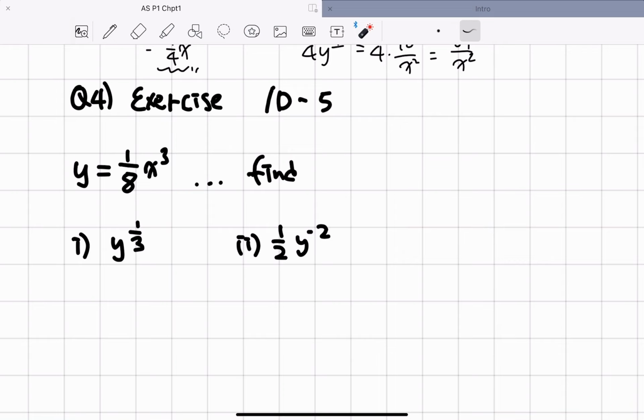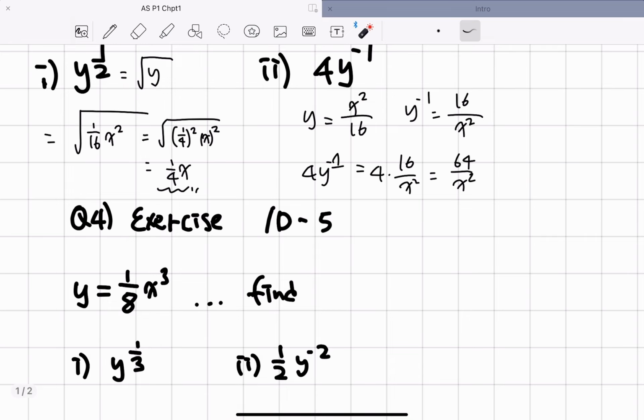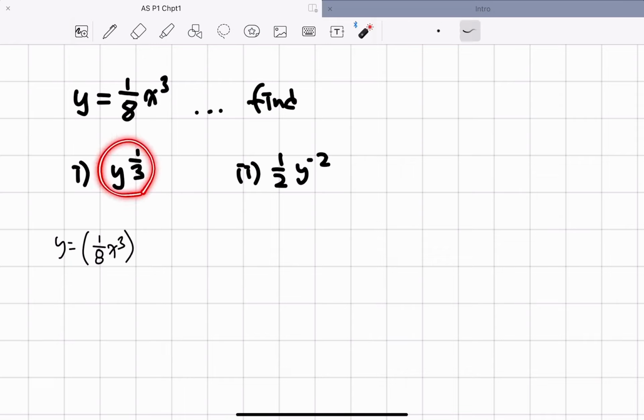Okay, alright. So the first one, y equals 1 over 8 x cubed. Find the first one, which is y to the power 1 over 3. Second one, 1 over 2 times y to the power minus 2. The first one is the same question, right? So let's change y to 1 over 8 x cubed, and we need to find y to the power 1 over 3.